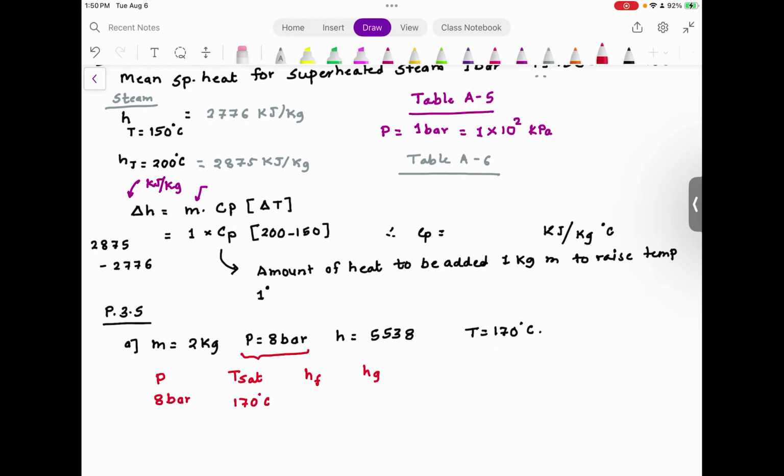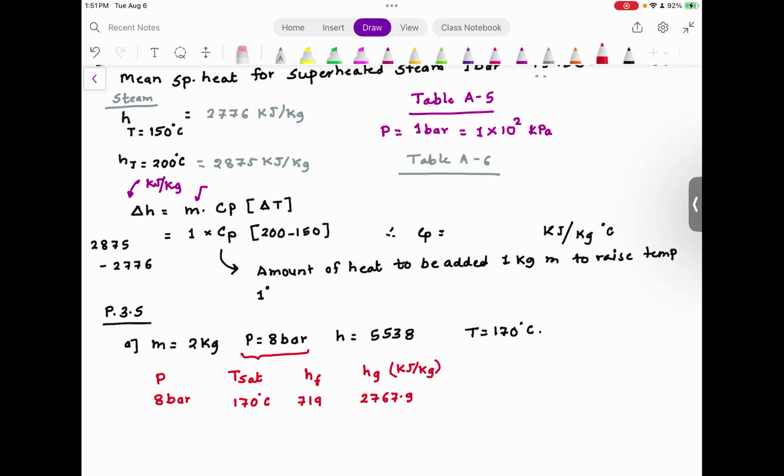What is the value of hf? Yeah, and hg? 2767.9. Now hg is given in kilojoules per kg.